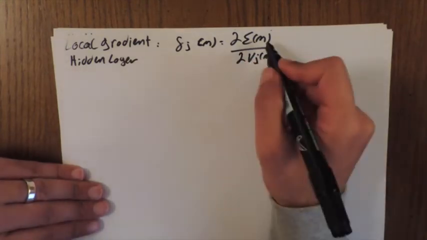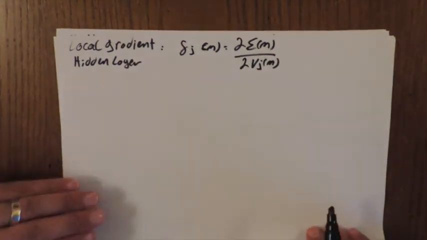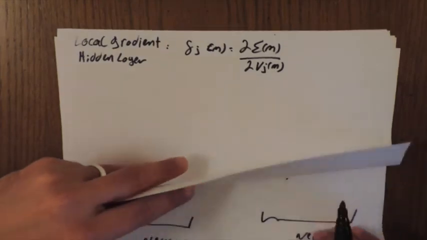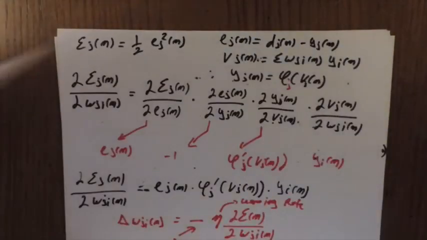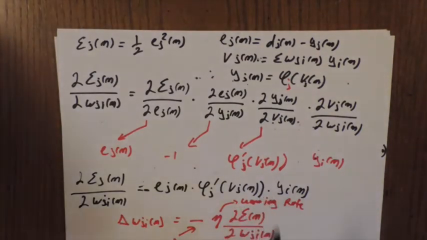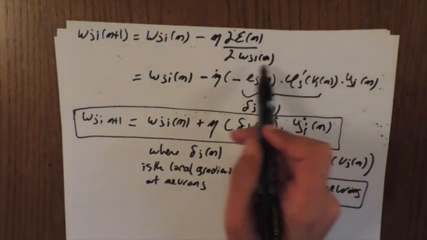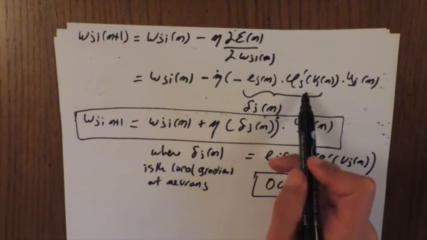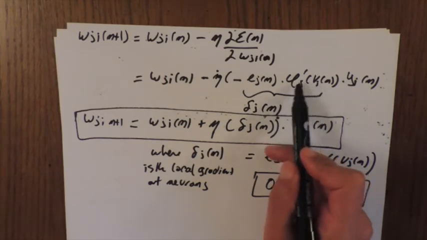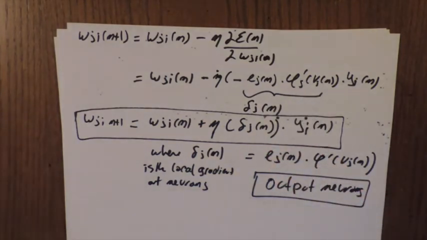If we take a look at the previous computations, we see that the local gradient is only part of it, which is the error and the derivative of the activation function.